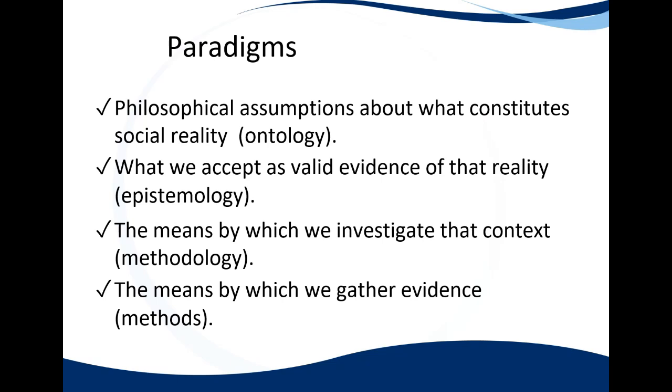Ontology means it's the philosophical assumptions about what constitutes social reality. So in the different paradigms, each paradigm would have a different belief about what constitutes reality. When we speak about the epistemology, is what do we accept as valid evidence of that reality? When we speak about methodology, it means the means by which we investigate that context.